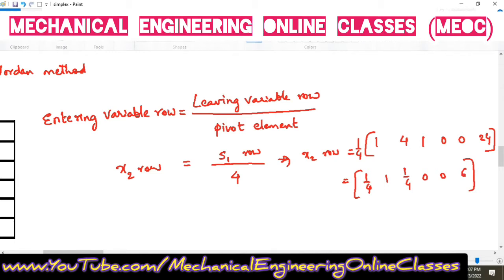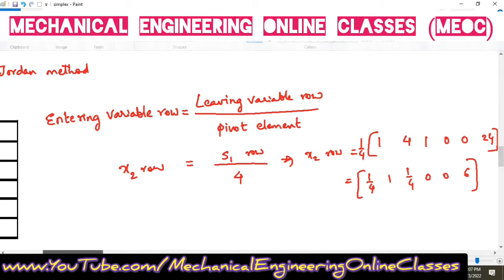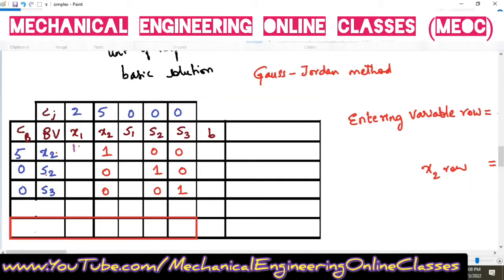Now these are the elements that we have to write for x2. So x2 row is written.